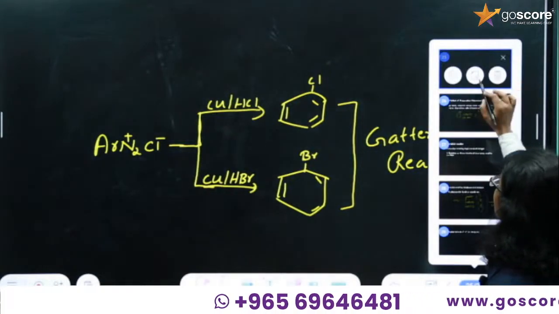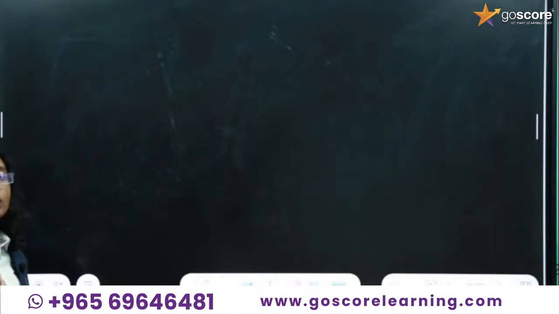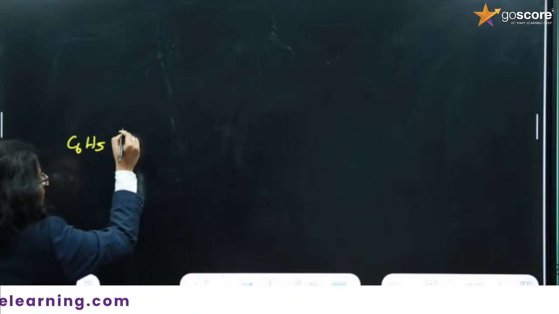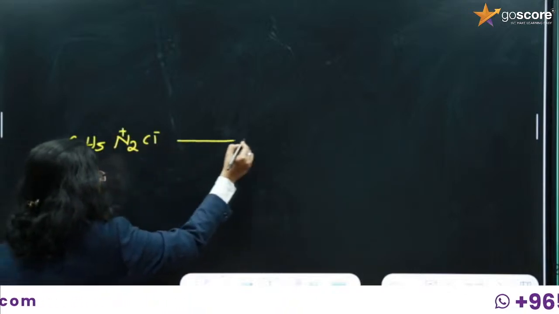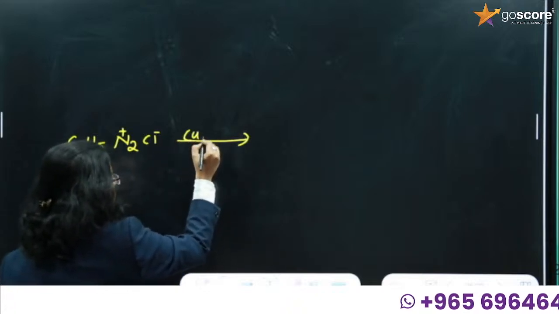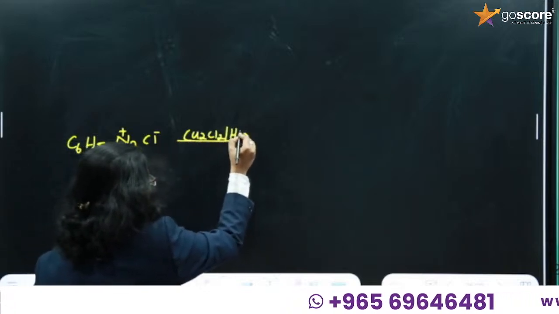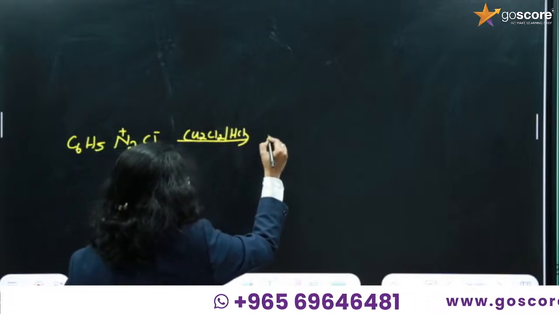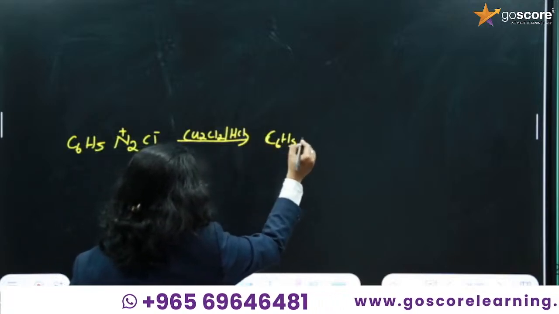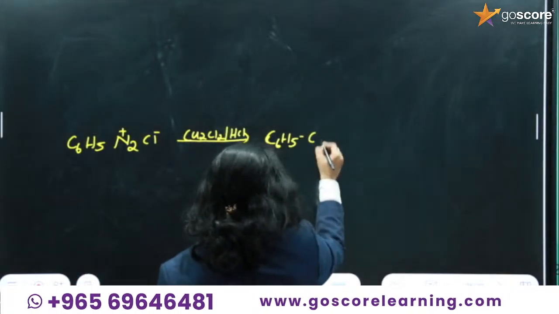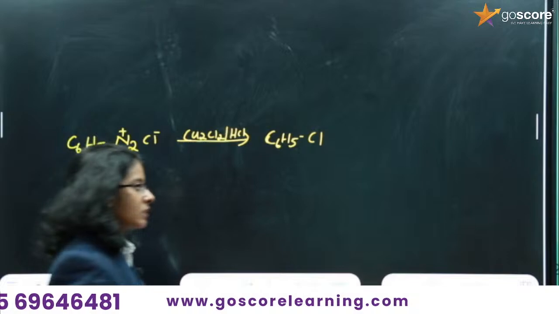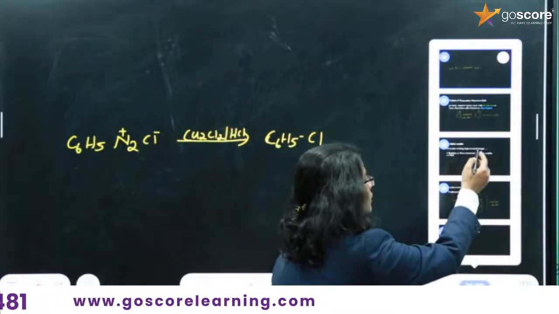You can do Sandmeyer's reaction. That is C6H5N2 plus Cl minus on treating with Cu2Cl2 in presence of HCl, you will get C6H5Cl, chlorobenzene. Okay. I hope this is clear for you.